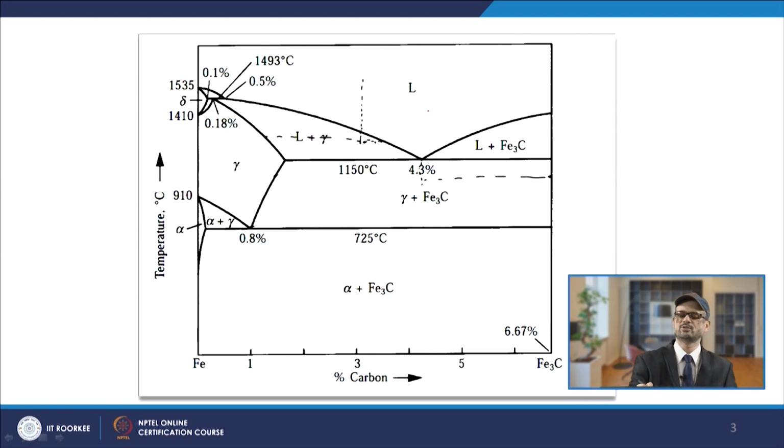If you come to this point or at any point, you can use these rules to find the different phases formed. These are the lines which talk about the reactions which occur after these points.